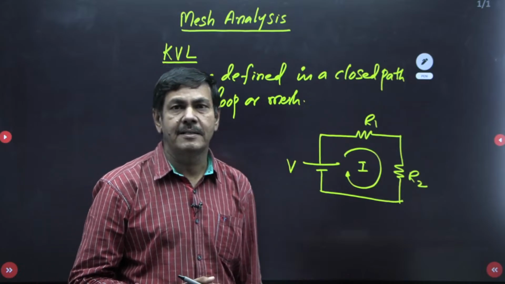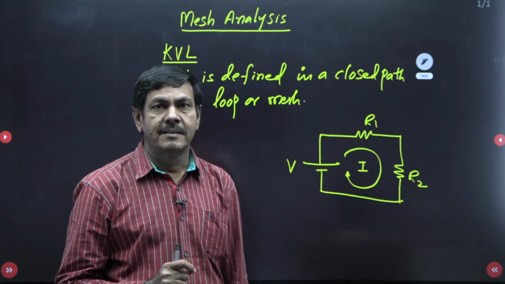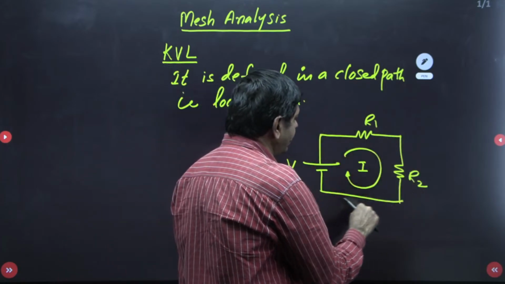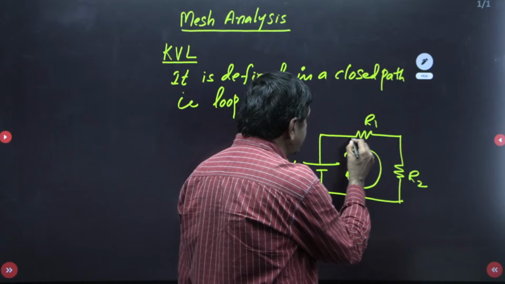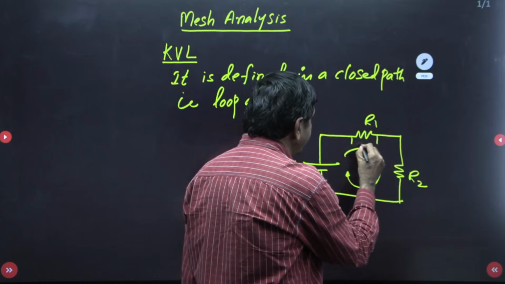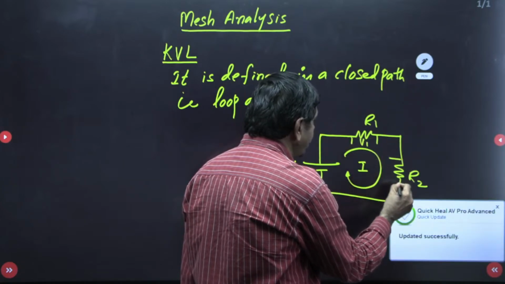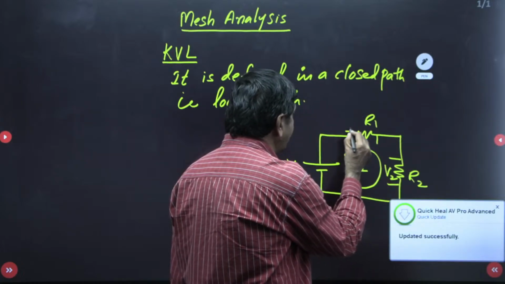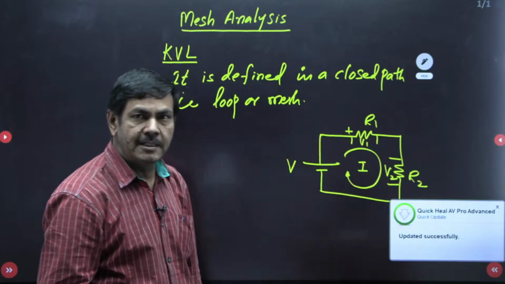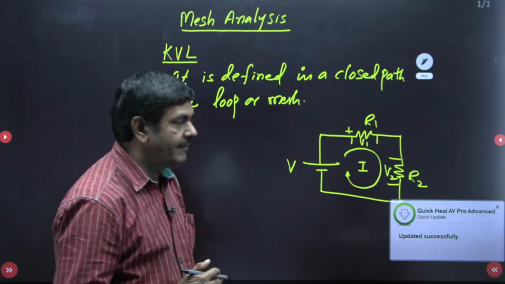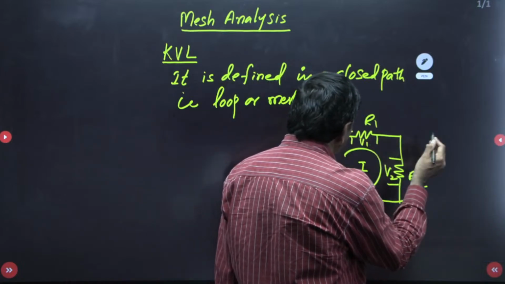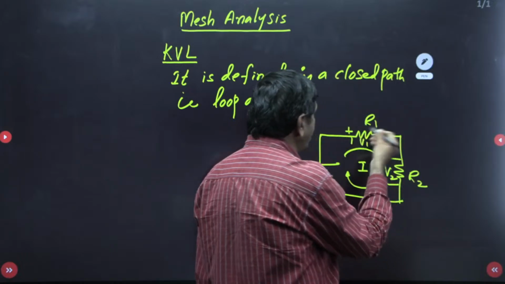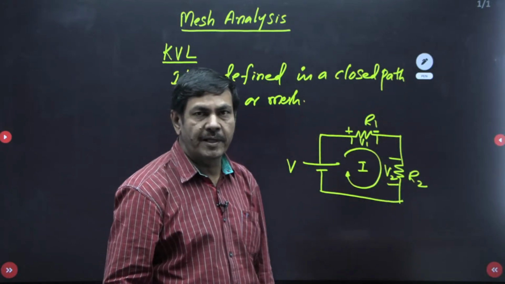What does KVL say? For any closed path, sum of the voltage drops. This voltage drop I have taken as V1. This voltage drop I want to take as V2. When the current is passing this side, polarity is to be taken plus. Initially it is at high potential. Then when it comes out of this resistor, the potential drops, it is reducing, so we put minus.